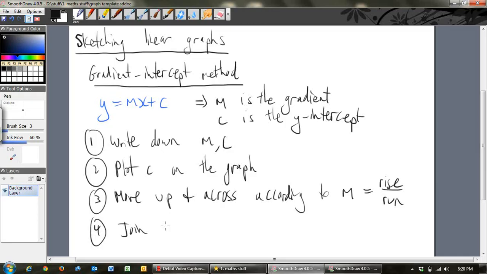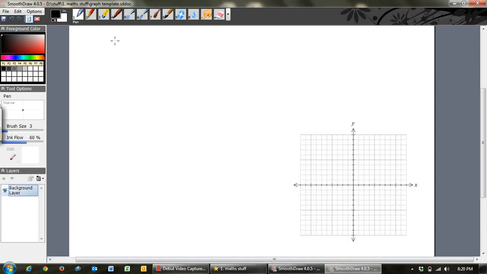And then join the dots. I'll show you what I'm talking about now. They're the steps, and it'll make much more sense once I do an example.